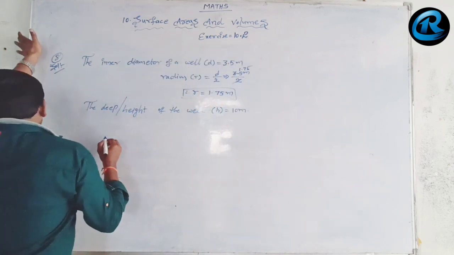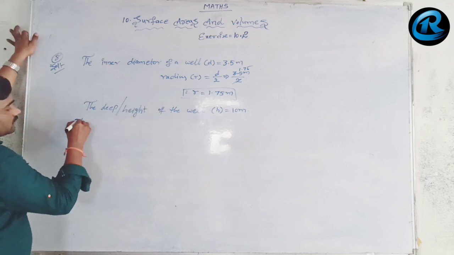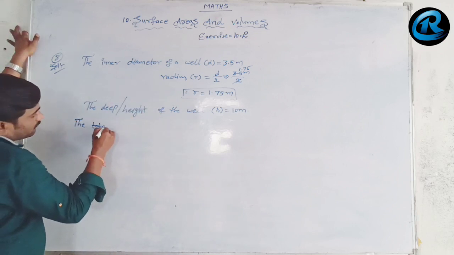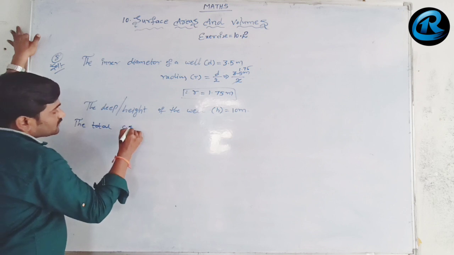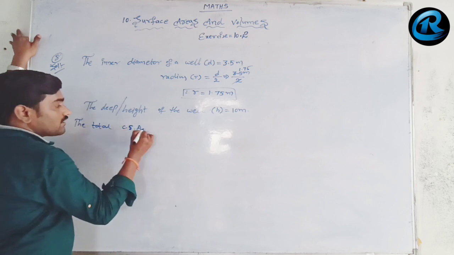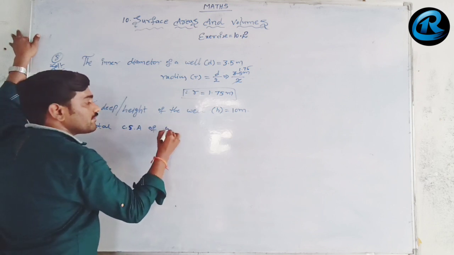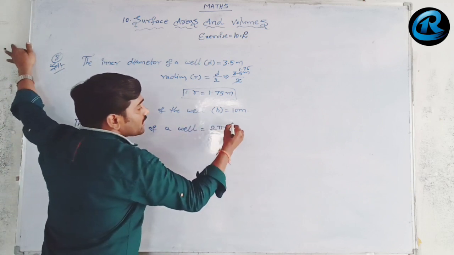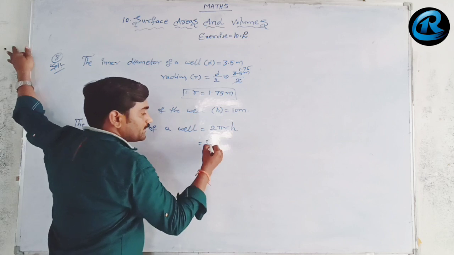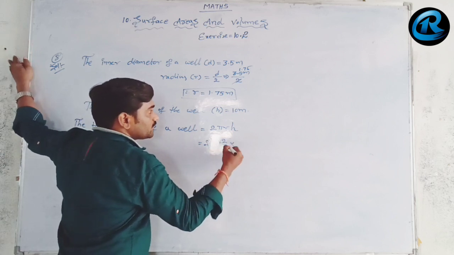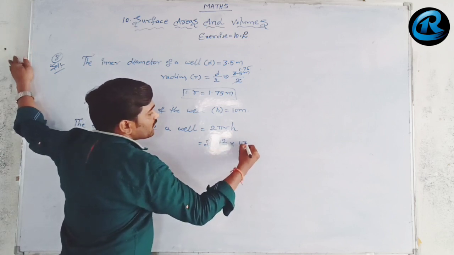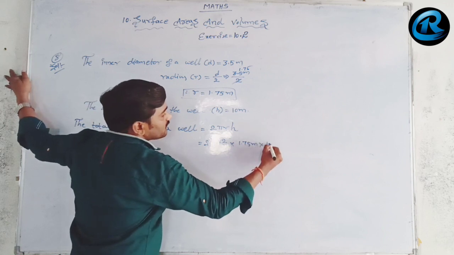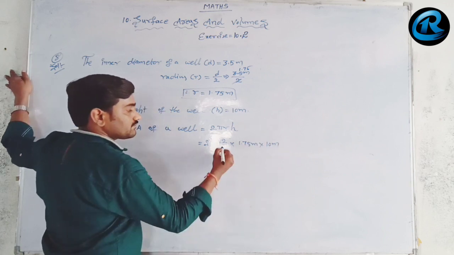So the total curved surface area of a well is equal to 2 pi r h. 2 into 22 by 7 into r value 1.75 meters into h value 10 meters.